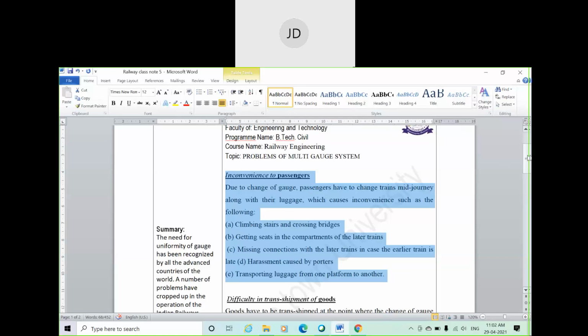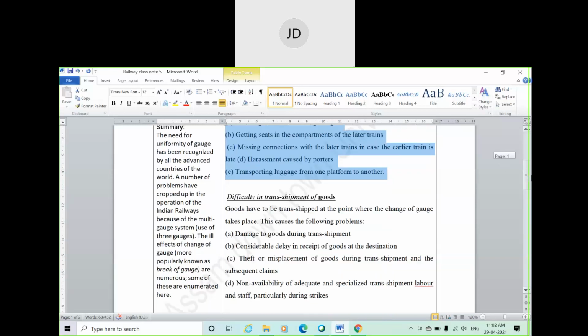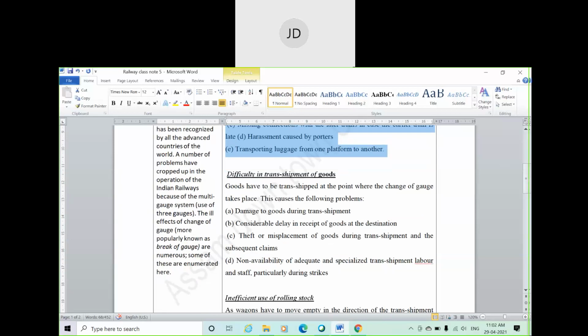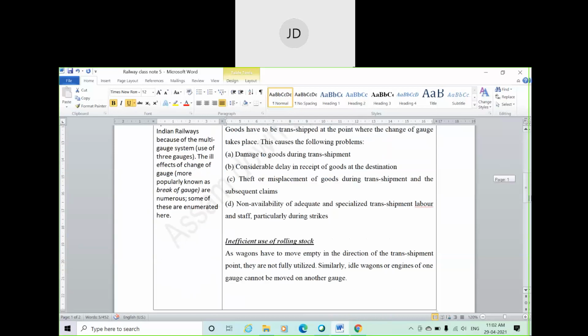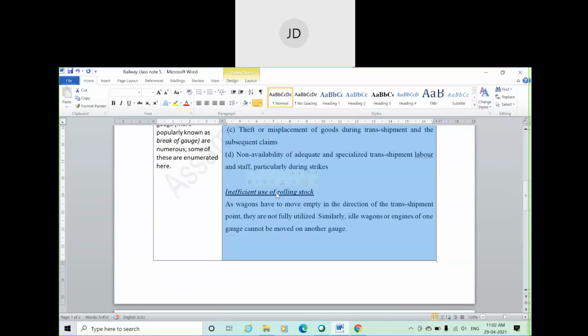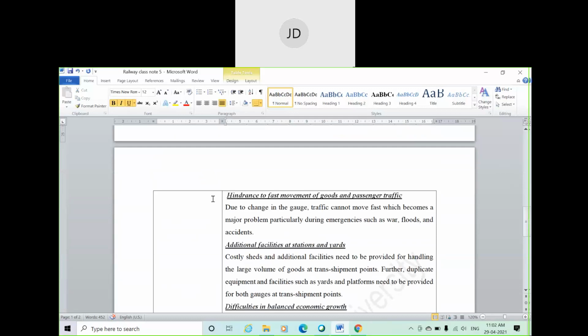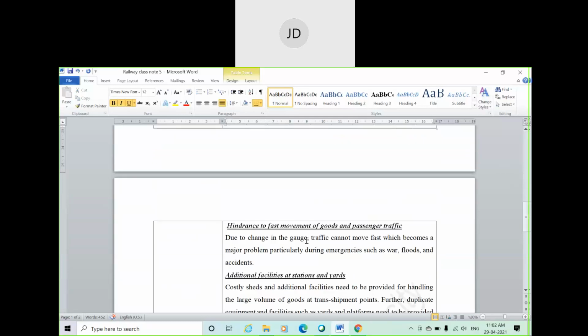You can also write down your points from your experience. Then difficulty faced during the transshipment of goods. Next, insufficient use of rolling stock. Then obstruction to fast moving of goods and passenger traffic.